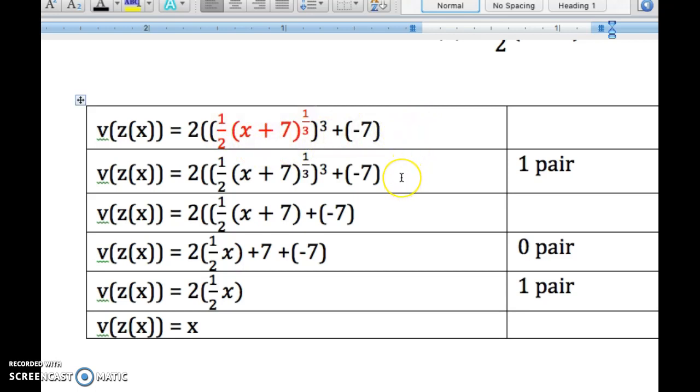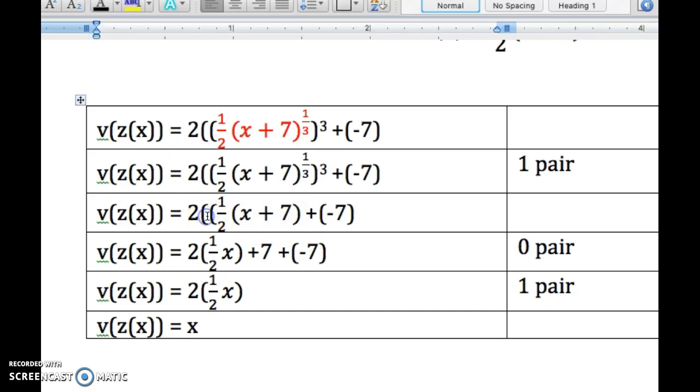So looking for my 1 pairs and my 0 pairs, I see that I have a cubed and a 1/3, and those are opposite. That is a 1 pair. So I make that 1 pair. So now I have simplified that expression to this.